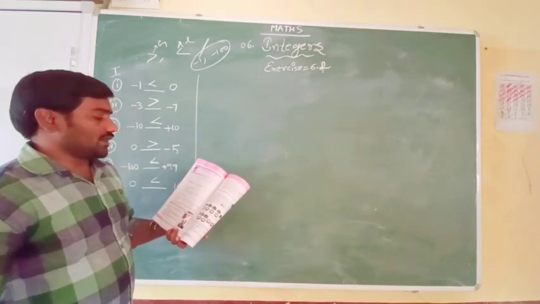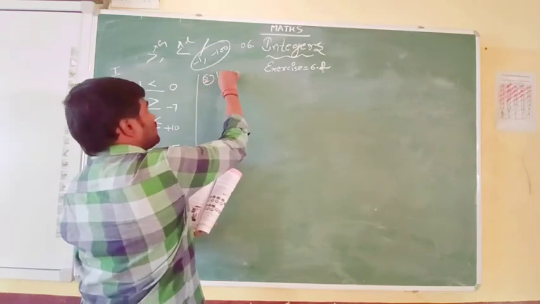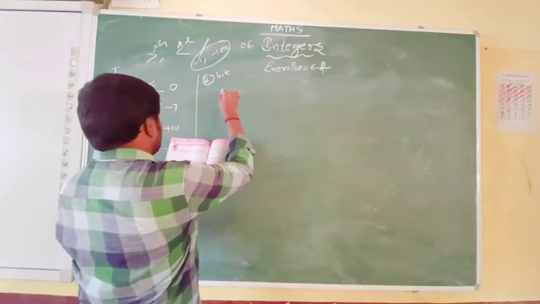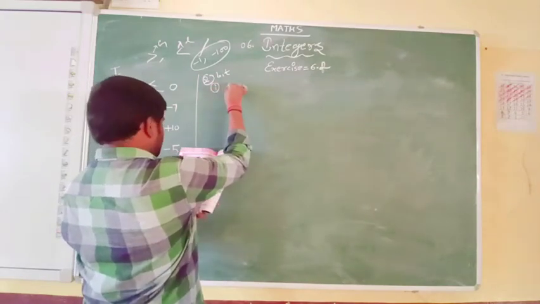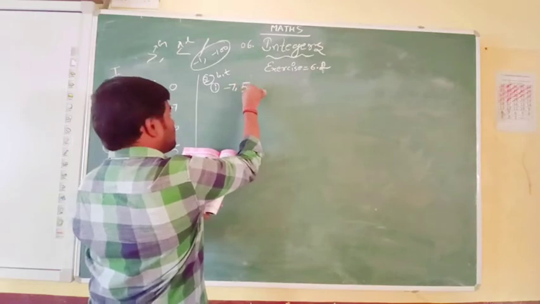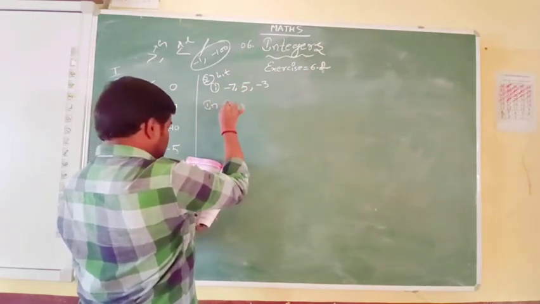increasing and decreasing order. So ascending and descending order only; increasing and decreasing mean ascending and descending order. So the first question, -7, 5, -3.